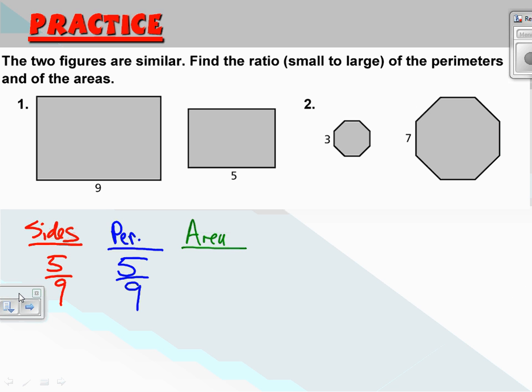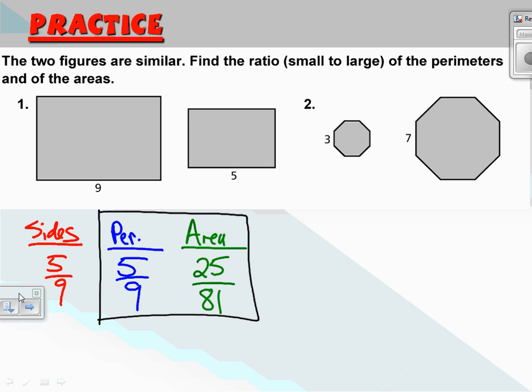What's 5 squared? The answer is 25. What's 9 squared? That's 81. So the answer is this. The ratio of the perimeter is 5 to 9. The ratio of the areas is 25 to 81.